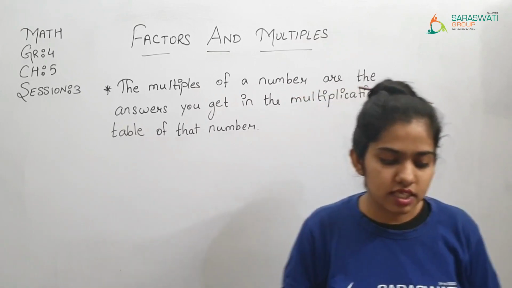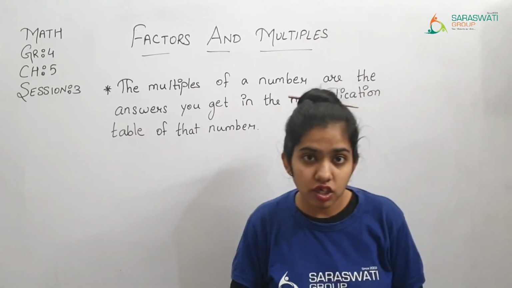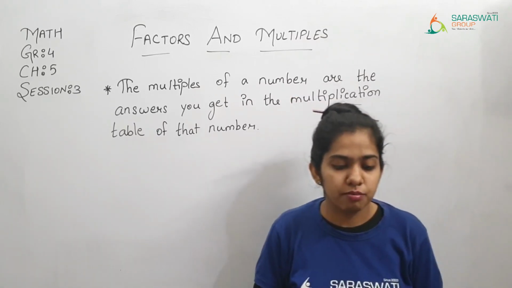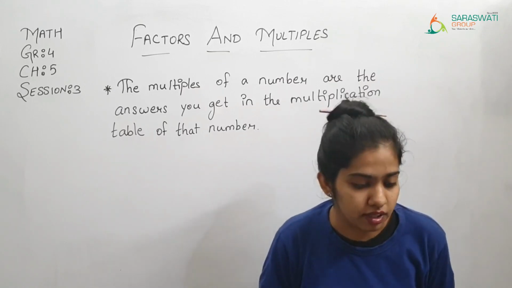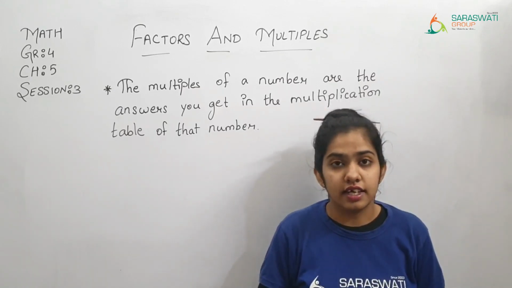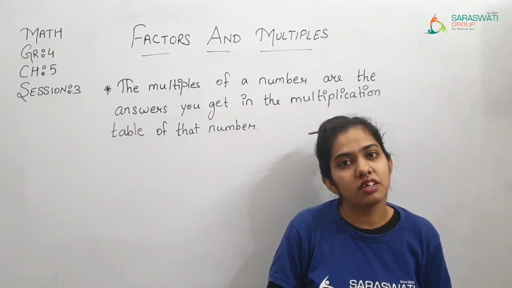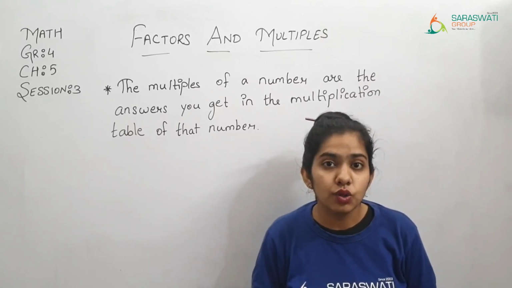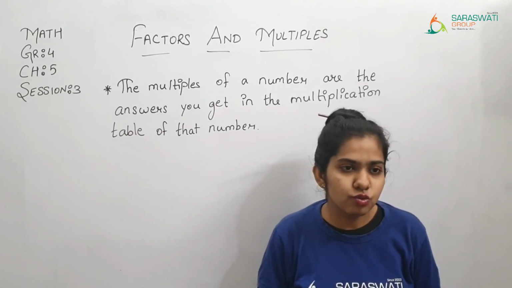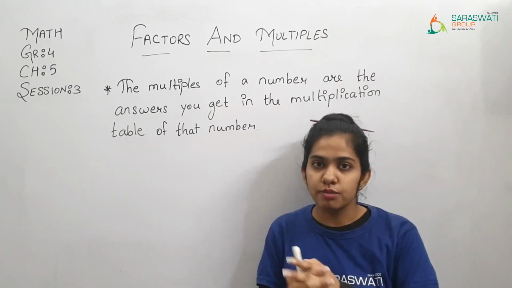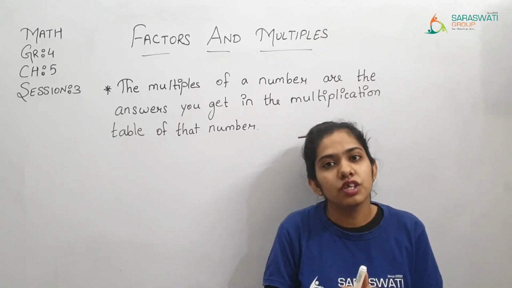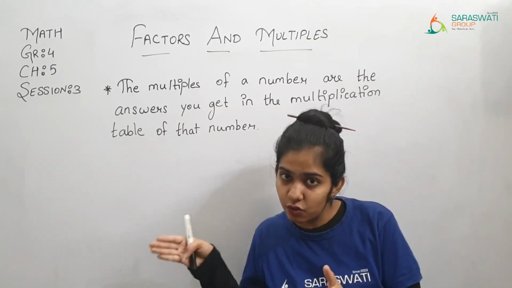In this way we can also get the multiples of a number by using the skip counting method, beginning with that number. If it is the table of 2, we have to skip 2 numbers, right? If it is the table of 3, we are supposed to skip 3 numbers.